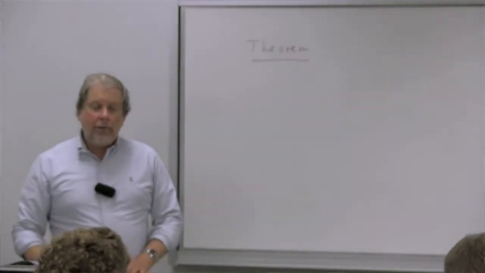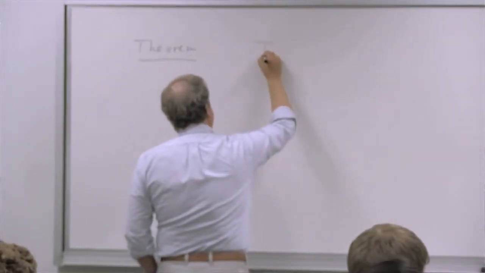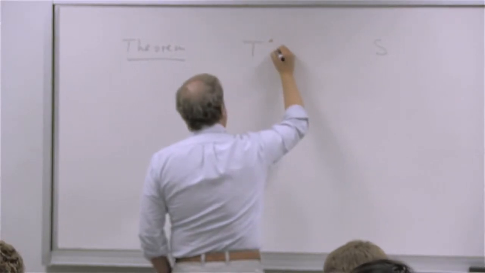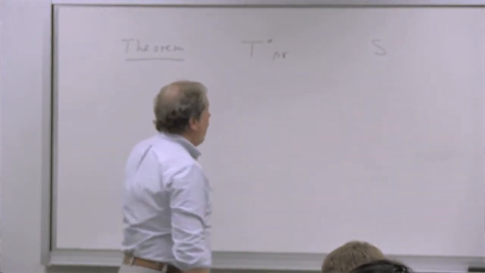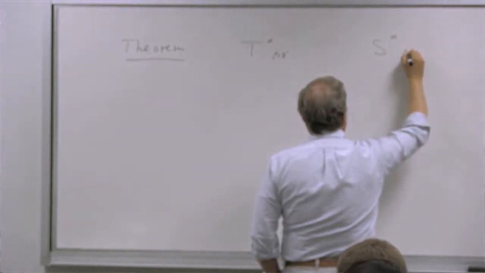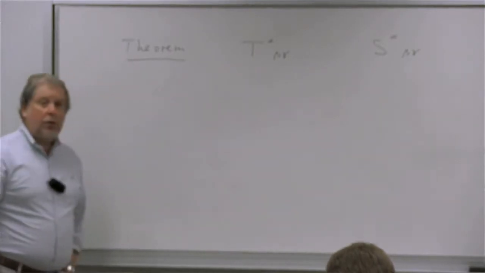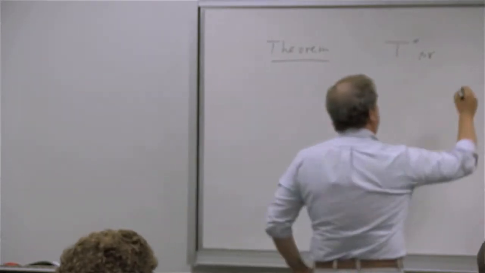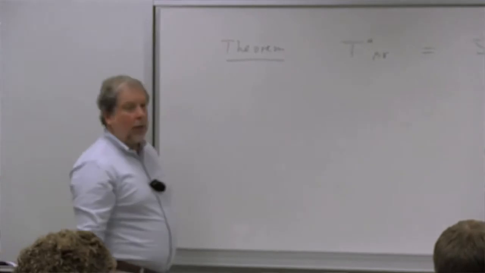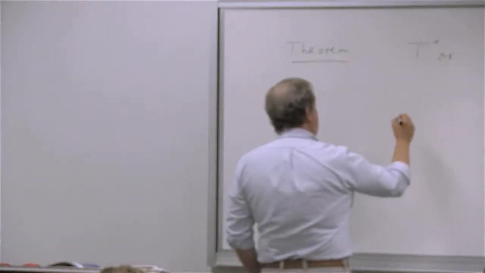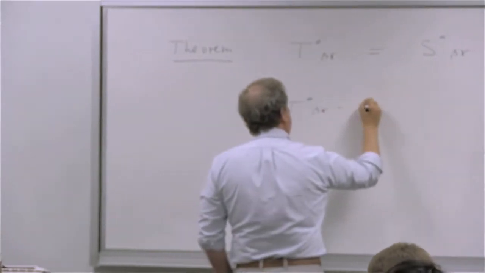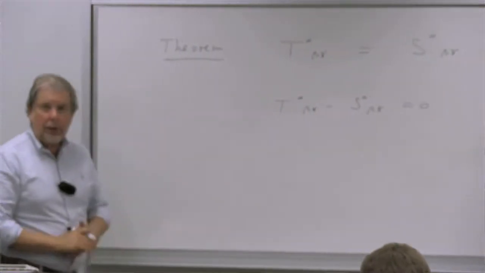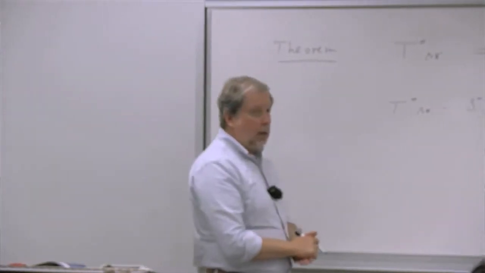The theorem is that if two tensors have the same number of indices upstairs and downstairs, so I have this one with one index upstairs and two indices downstairs, and a second tensor with the same number of indices upstairs and downstairs, and if they are equal in one coordinate frame, then they will be equal in any coordinate frame, because the difference between the two, T alpha beta gamma minus S alpha beta gamma, if that is 0 in one frame, then when you do the Lorentz transformation, it will still be 0 in any other frame, which means the two tensors will be identical.